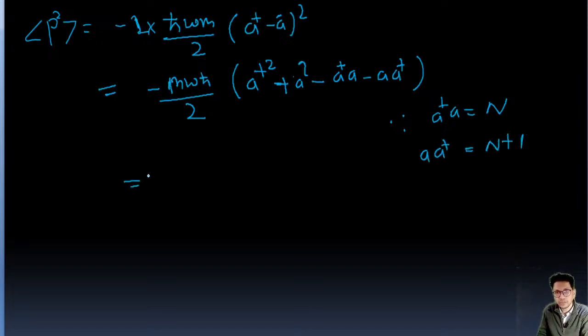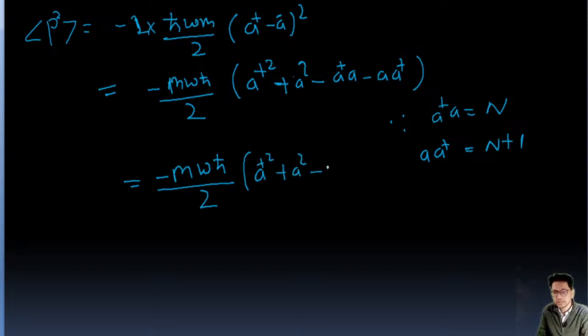We'll put the value here, so it is going to be minus m omega h cut by 2 times a dagger square plus a square minus (n plus n plus 1).